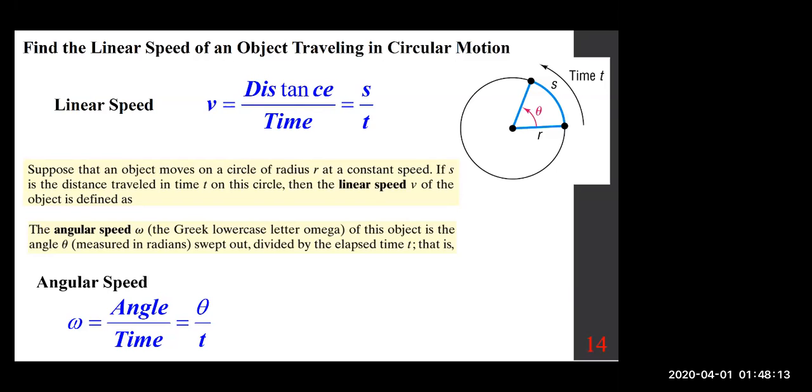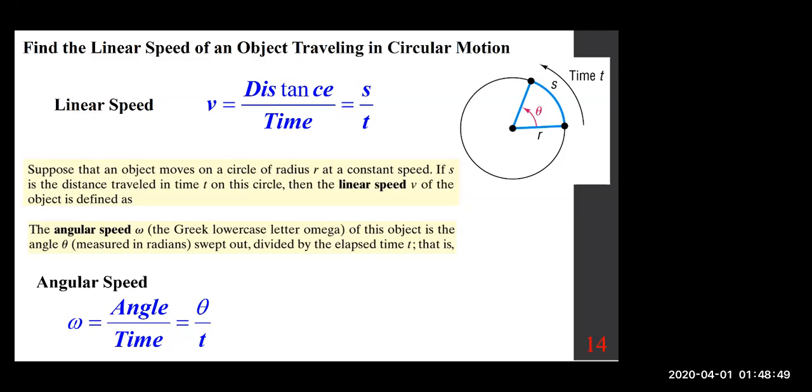Regardless of the size of the radius, if we cover the same angle, our angular speed remains the same. However, as the radius changes, the linear speed changes. In fact, as you get further away from the center of the circle, it seems to go faster. Everybody knows what I'm talking about, right?